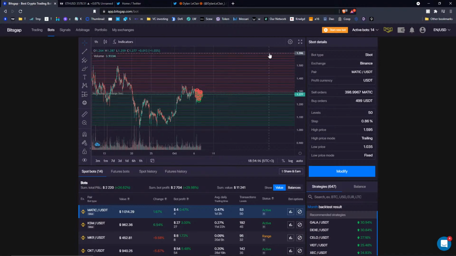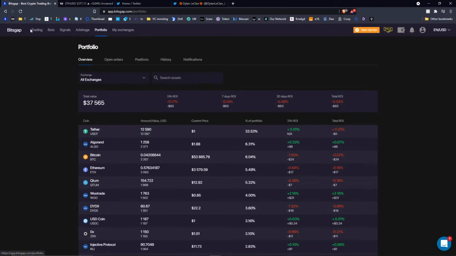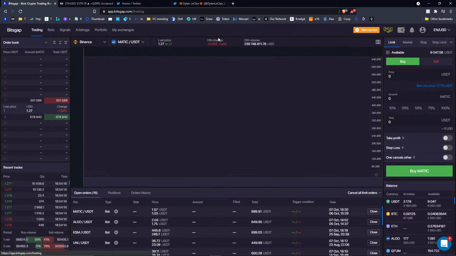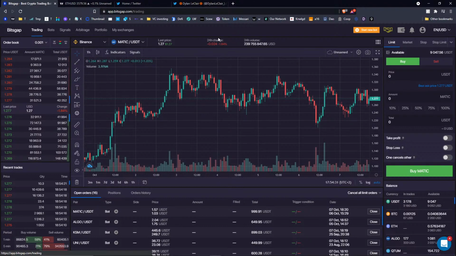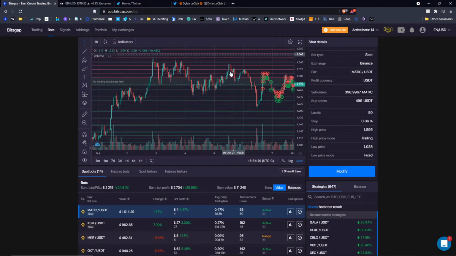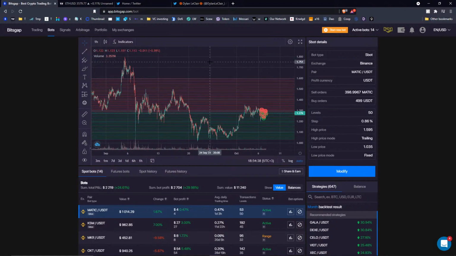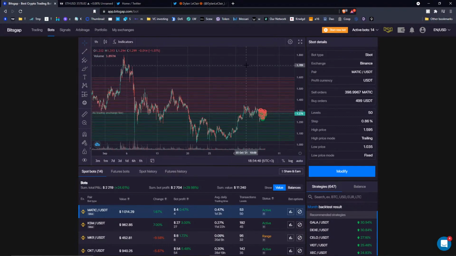When it falls, it's going to make me money to offset the loss I am having on my 30% of unprotected coins in my spot portfolio. So that's the logic you can use with bots, and how you can use a short selling bot to hedge against the falling market.